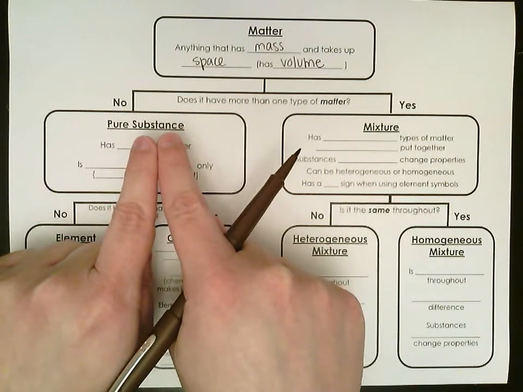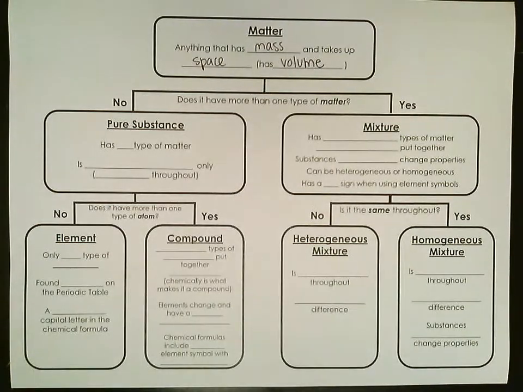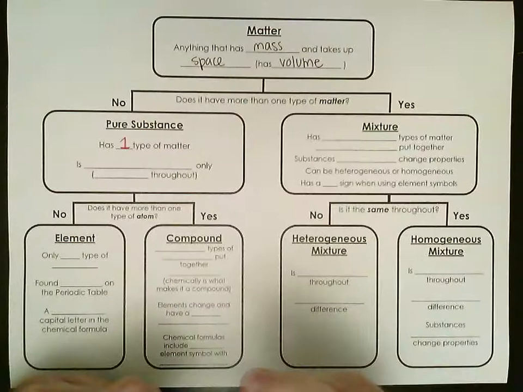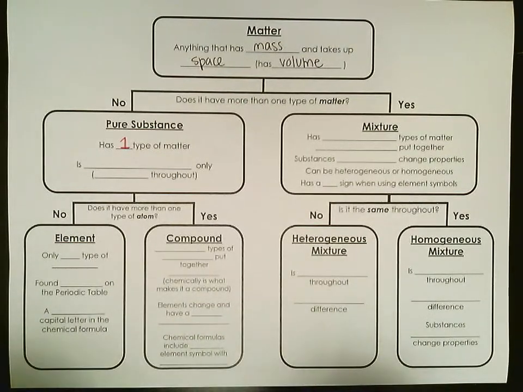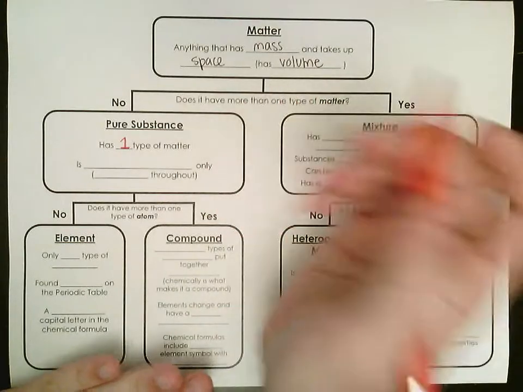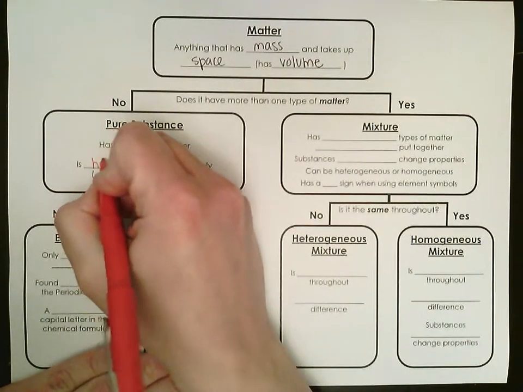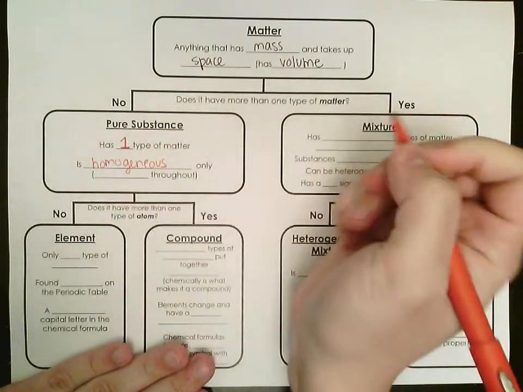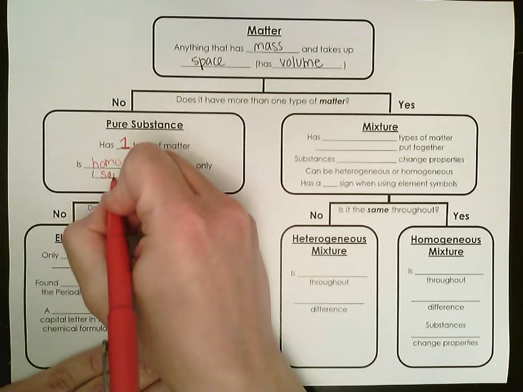So let's go ahead and talk about a pure substance. When I'm talking about a pure substance, it only has one type of matter. It can only be made up of one quote-unquote thing. Okay? It is homogeneous only, and that's saying that it's the same throughout.